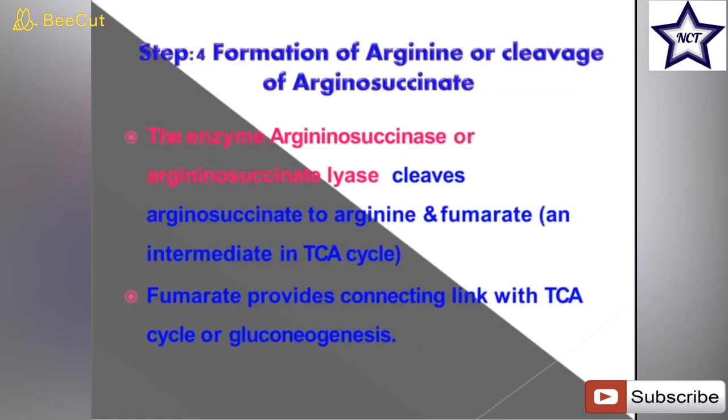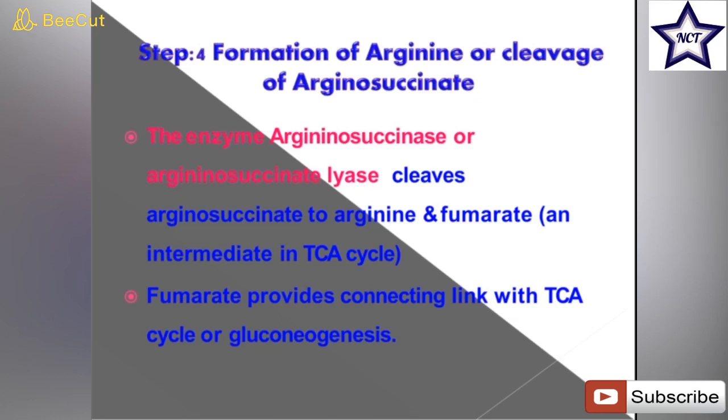Formation of arginine is the next step, in the presence of the enzyme arginosuccinate lyase, which cleaves arginosuccinate into arginine and fumarate, which is a connecting link with the TCA cycle. At the very start, I told you that it's the Krebs-Henseleit cycle.